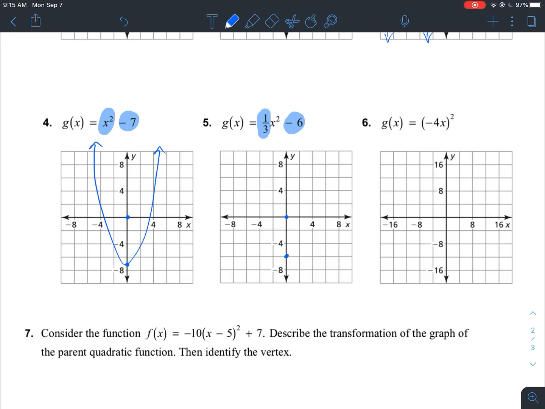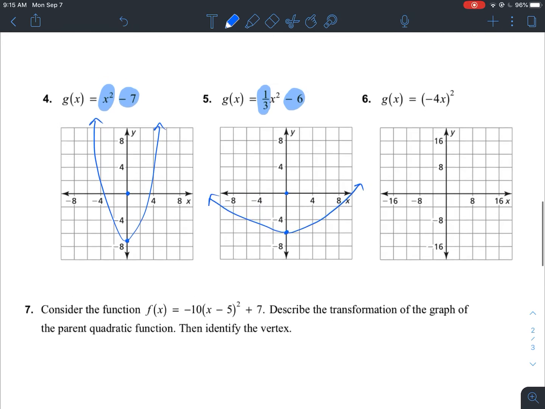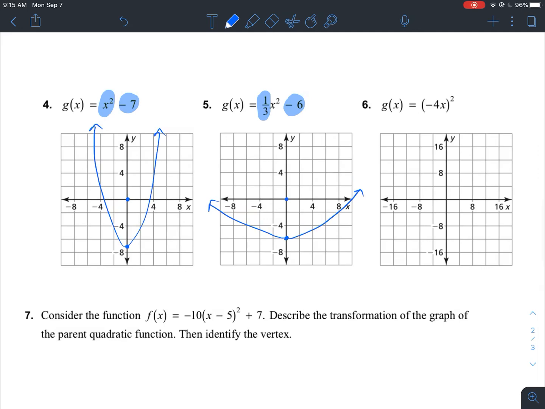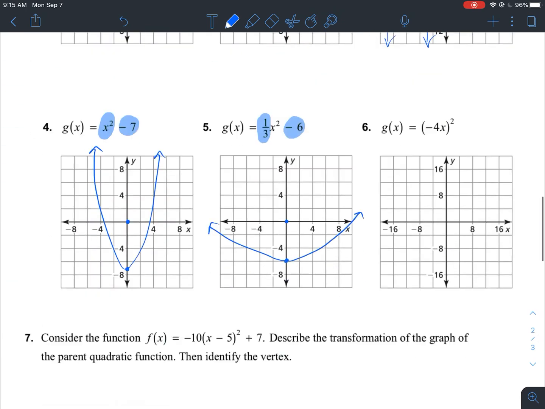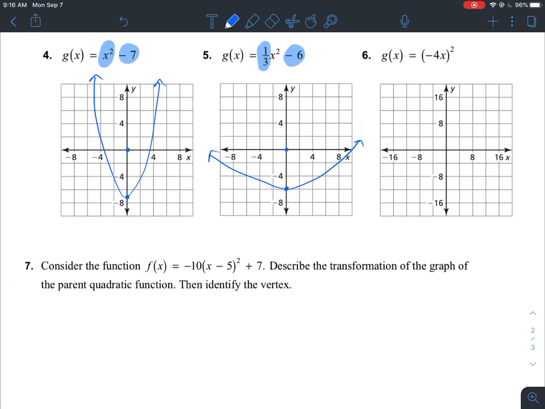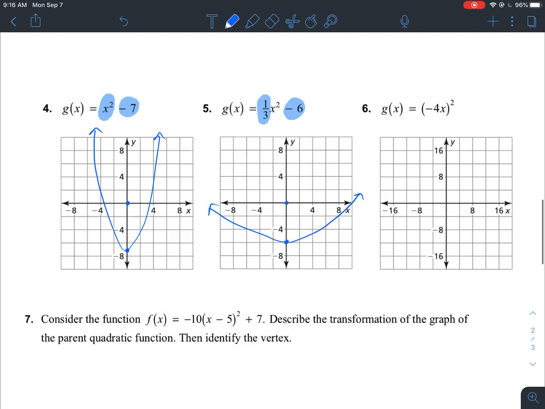So that means instead of looking like this, we're going to look more wide, like this. I'm not going to plot out the points, I'll just show that it's going to look more wide like that. Although that might be an overestimate of how much we're shrinking, I just want you guys to get the idea that that's what it is. So it looks more like that, but probably not that extreme.